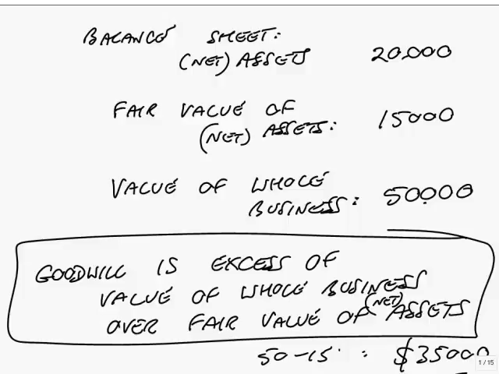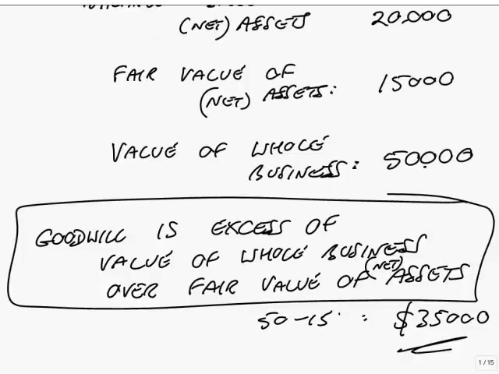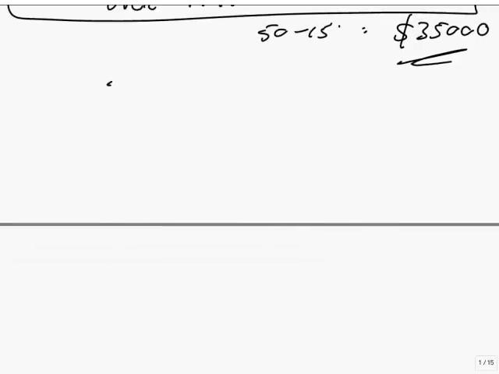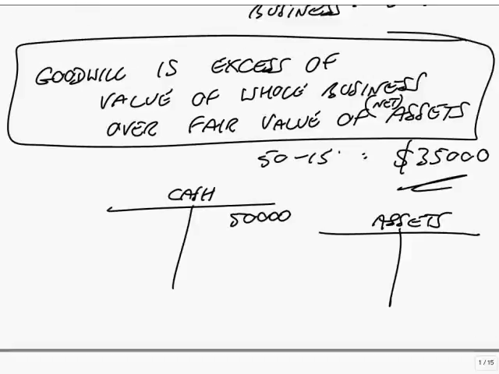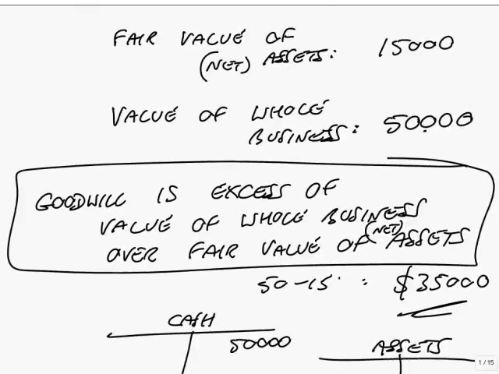So if you buy another company, if I buy this company, I am actually paying for an asset. Sorry, I'm looking for my mouse and it keeps disappearing. If I buy this company, I'm paying 50,000, credit cash. I'll debit my ordinary assets, you know, my machines and things, with the fair value of the assets, which was 15.